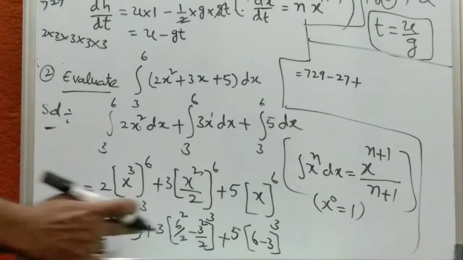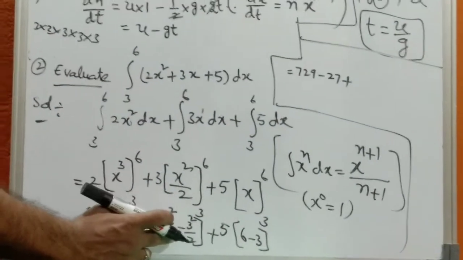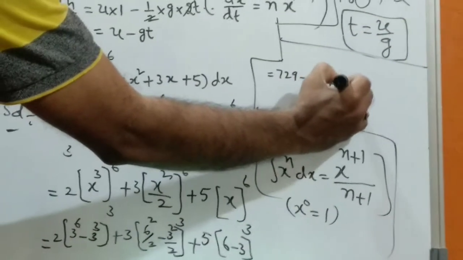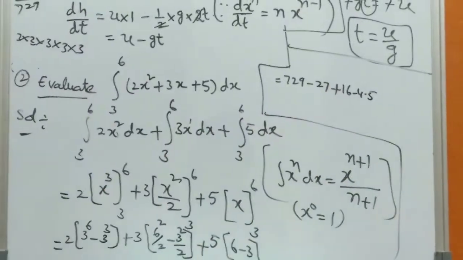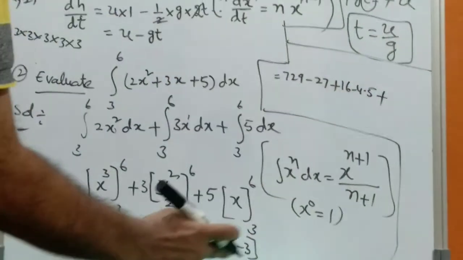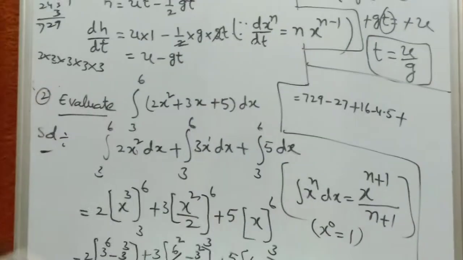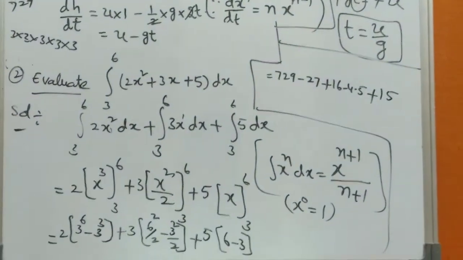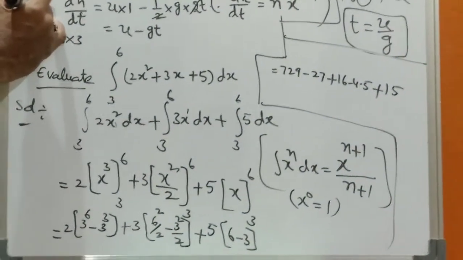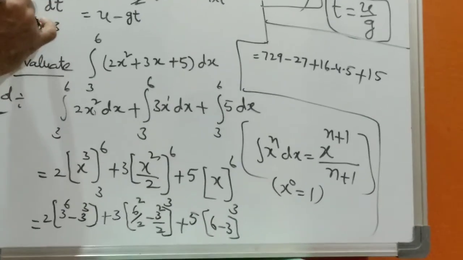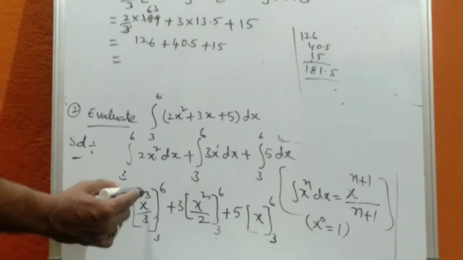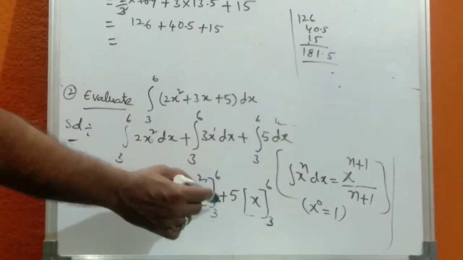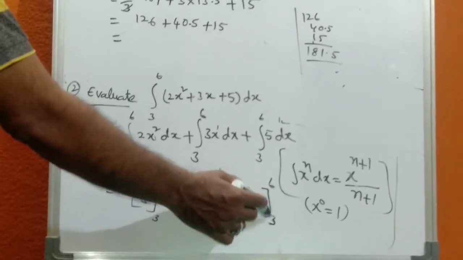Plus 36 by 2 is 18, 18 minus 4.5. Plus 6 minus 3, 3 5s are 15. Now 729 minus 27 gives 702, into x cubed by 3, from 3 to 6, plus 3 into x squared by 2, plus 5 into x from 3 to 6.